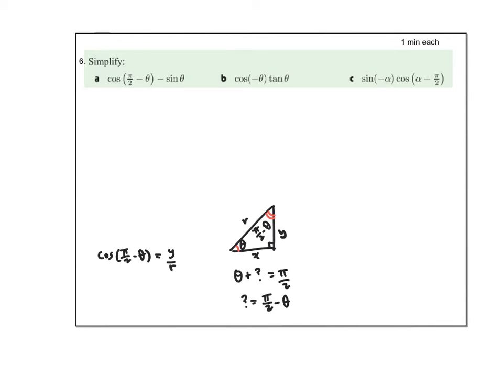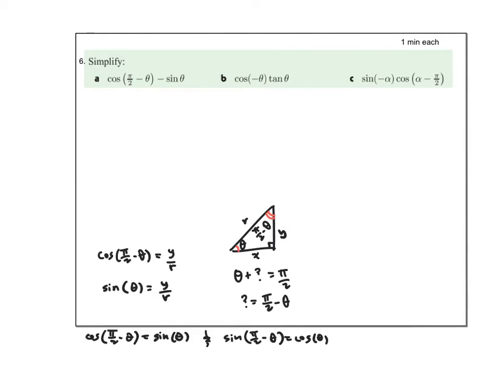Clearly the sine of theta is also y over r. Therefore, I can say that the cosine of pi over 2 minus theta is equal to the sine of theta, as well as sine of pi over 2 minus theta is equal to cosine of theta.